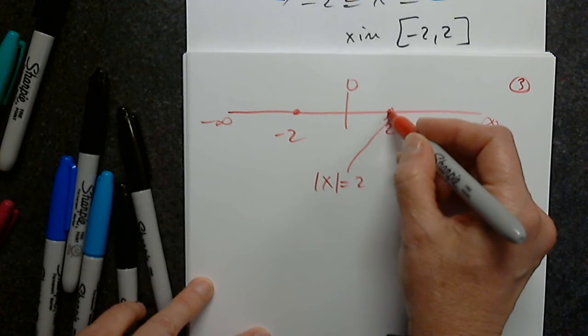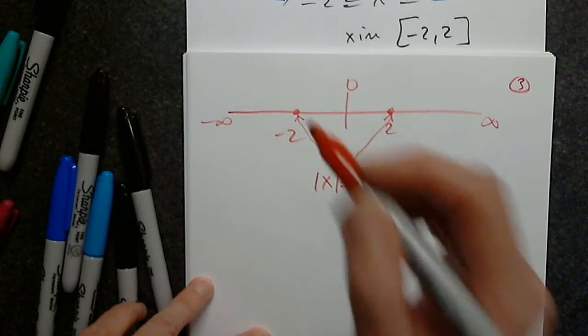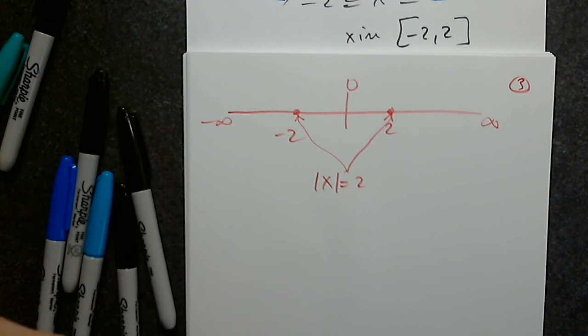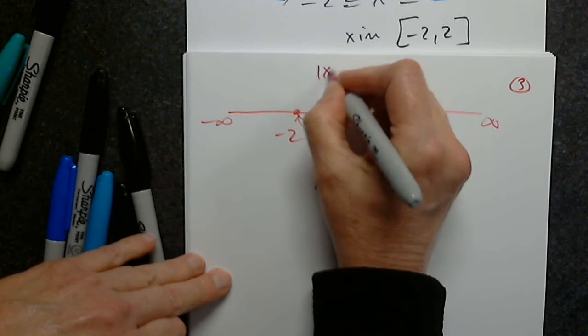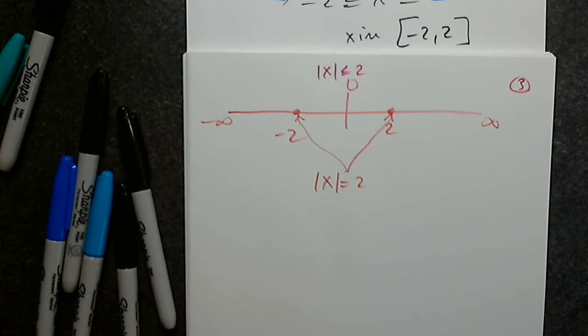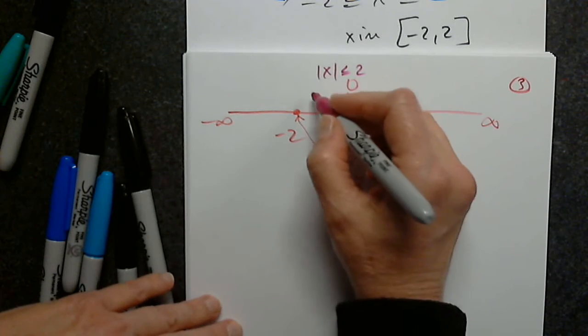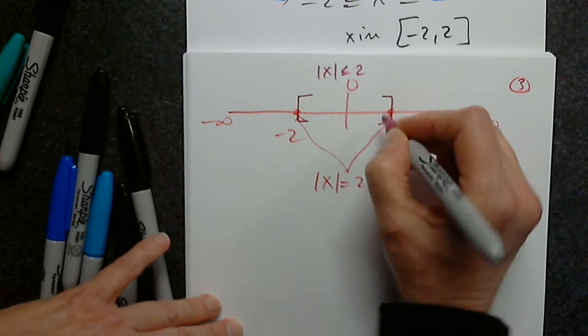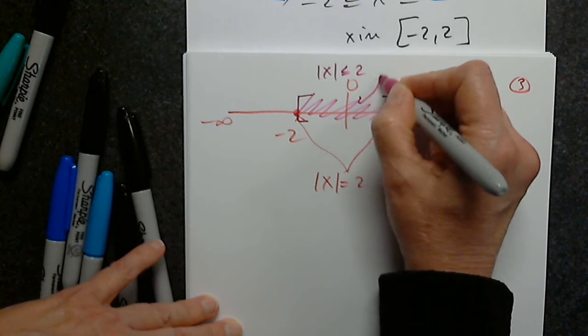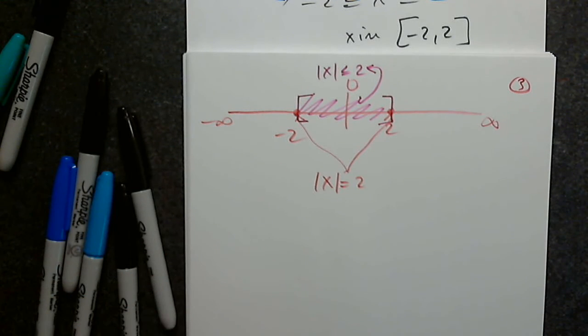Correct. So this one is only here. Where will I find the solutions to this inequality? We just wrote that a minute ago. Everything in between. Excellent. That's all I wanted to hear. In between. Exactly. So this is solutions to that.